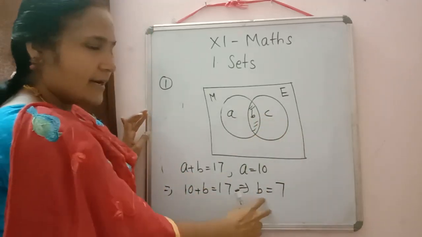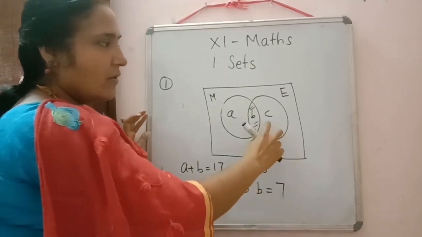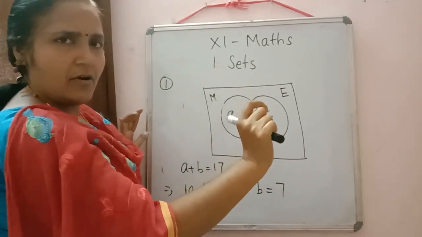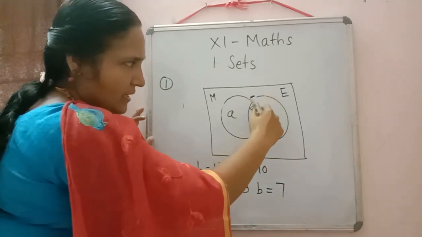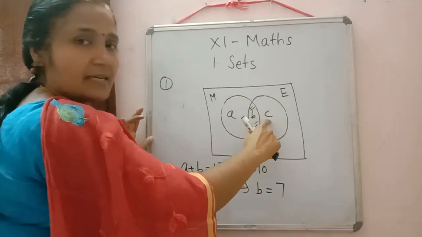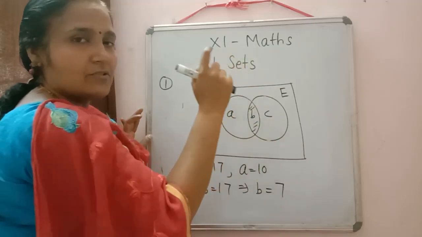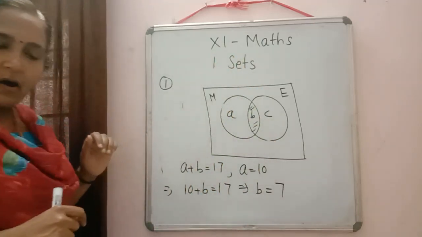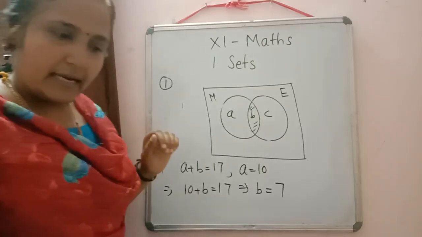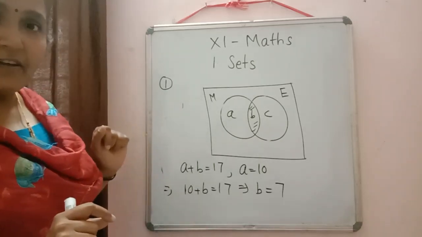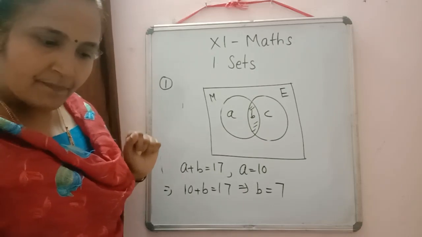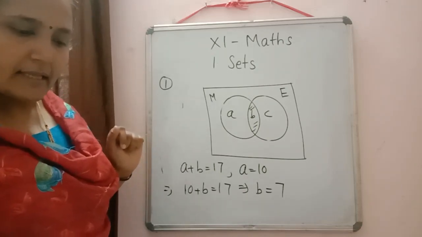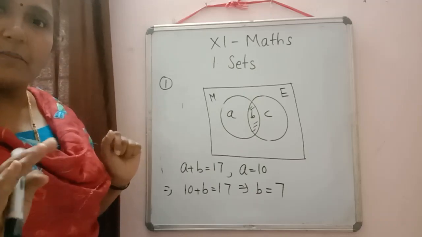The value of B we have already calculated. Now we have to find the number of students who have taken only economics. Only economics, no other subject, is represented by the letter C. So now we have to find out the value of C. So for that, how can we do it? Yes, in a class of 35 students, each student has taken either mathematics or economics or both.